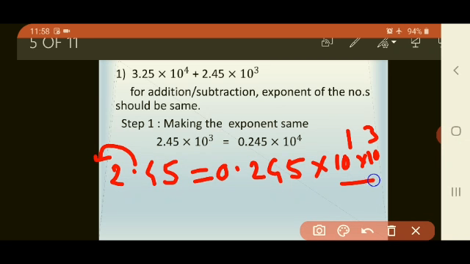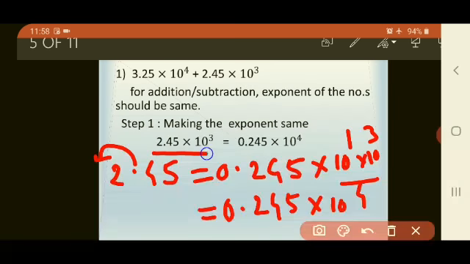Now here the base is the same, 10 to the power 1 and 10 to the power 3. Whenever the base is the same and the multiplication sign is there, the exponents must be added. Okay, so what will be the answer? 0.245 into 10 to the power 4. Okay, so this number we have converted into the form of 10 to the power 4, right?